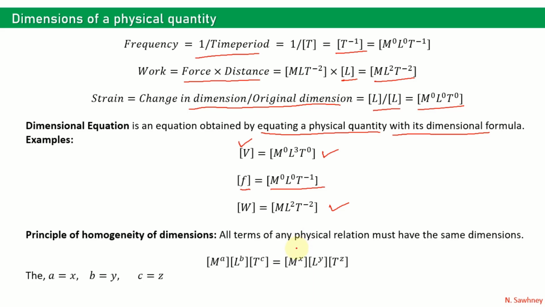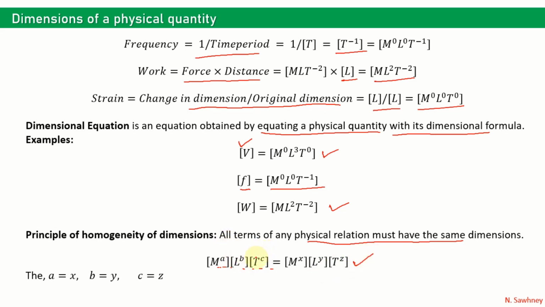Now, principle of homogeneity of dimensions. All terms of any physical relation must have the same dimensions. That is, whenever we are writing a dimensional equation, the left hand side dimensions of all the quantities, that is M, L, T, should be same as the right hand side.